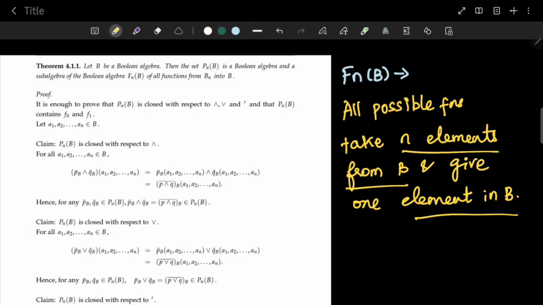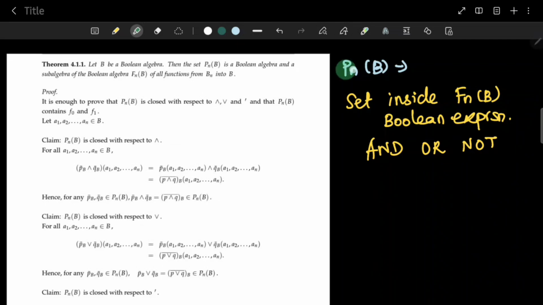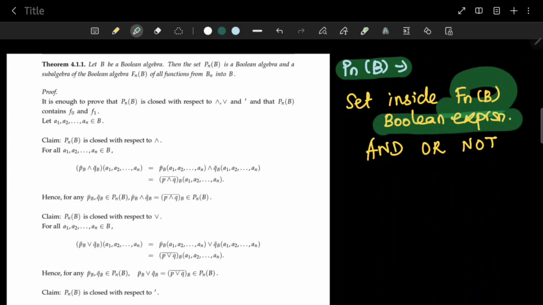Let's see what P_n(B) is. P_n(B) is the special set inside F_n(B) that includes only functions made using Boolean expressions like AND, OR, and NOT.